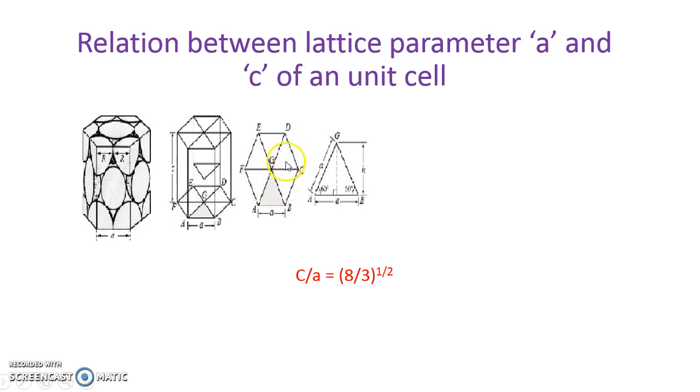So 1, 2, 3, 4, 5, 6. Out of these equilateral triangles, we have taken out one triangle, that is A, B and G. Using this structure, you can easily show that the relation between lattice parameters A and C is numerically root 8 by 3. So we are going to use this relation for the calculation of packing factor.